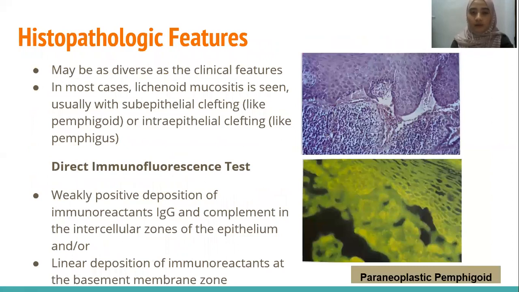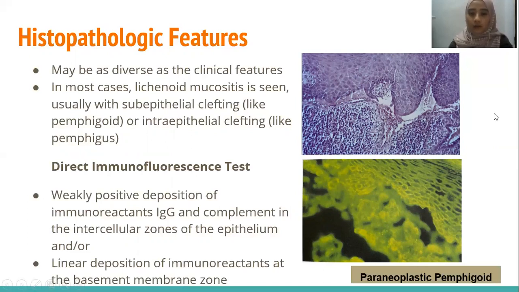The histopathological features of paraneoplastic pemphigus may be as diverse as the clinical features, but in most cases, lichenoid mucositis is seen, usually with subepithelial clefting, which is like pemphigoid, or intraepithelial clefting, which is like pemphigus. So the picture here shows both subepithelial clefting and intraepithelial clefting.